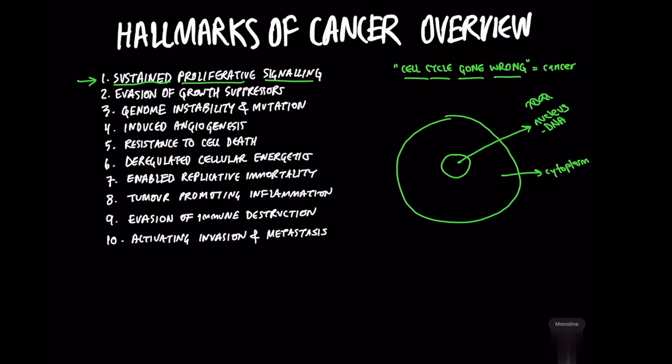We have sustained proliferative signaling. So what is the word proliferative? Well, it is division that is excessive. So in short, excessive division is called proliferation.